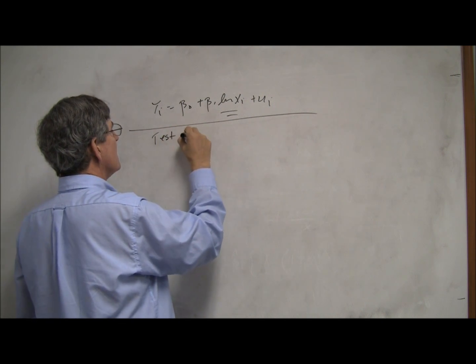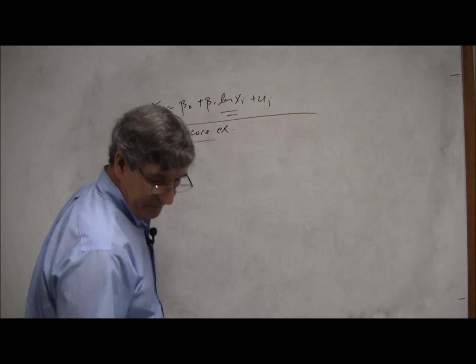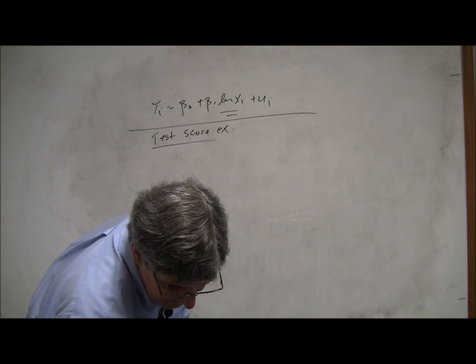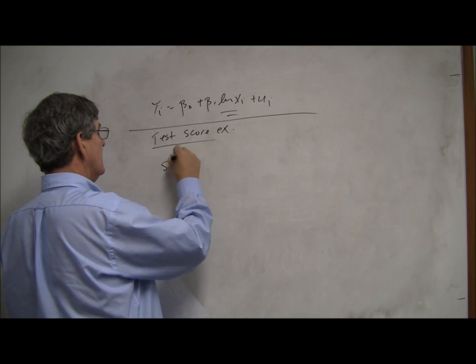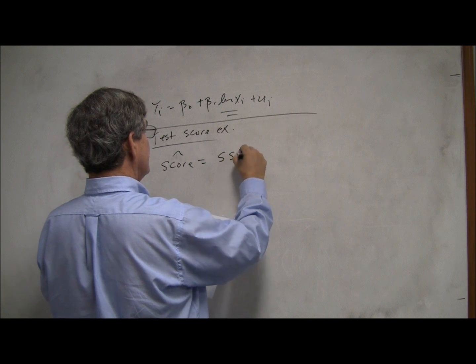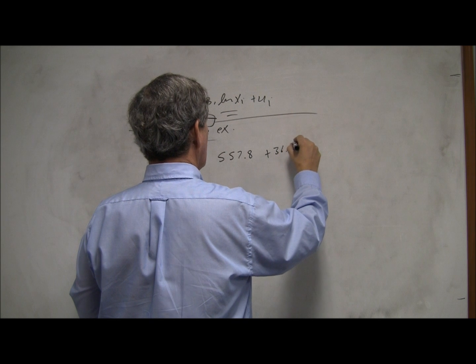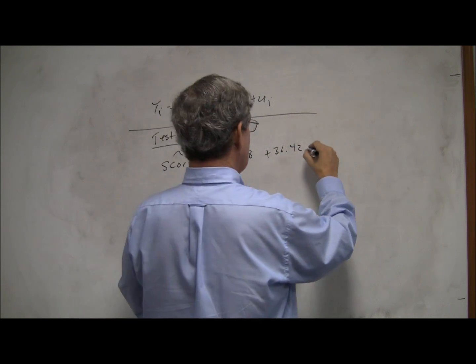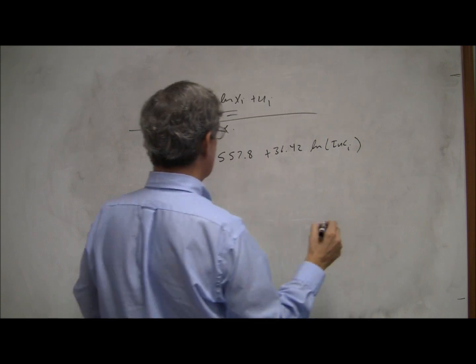Let's look at the test score example. If you were to estimate that model for the test score example, you would get score hat is equal to 557.8 plus 36.42 times the log of income for i.